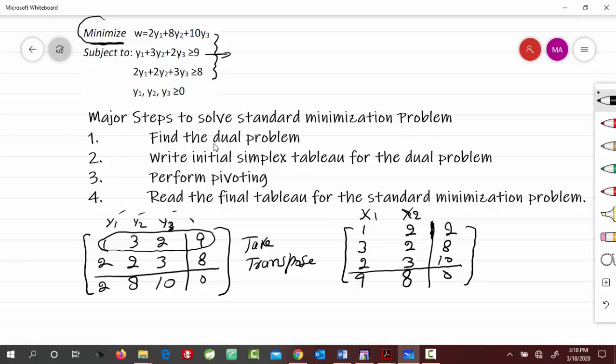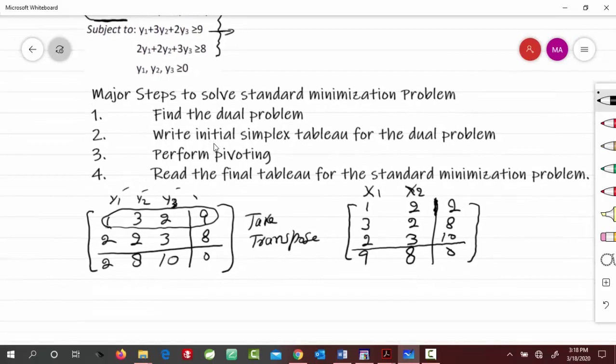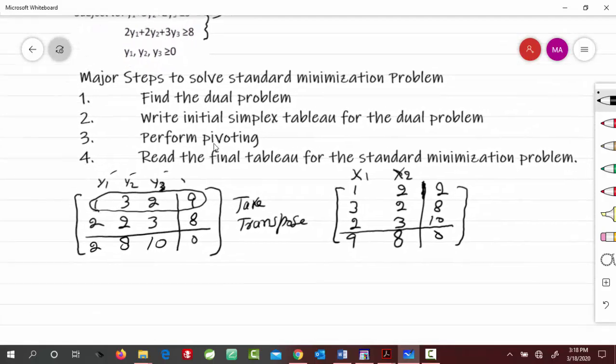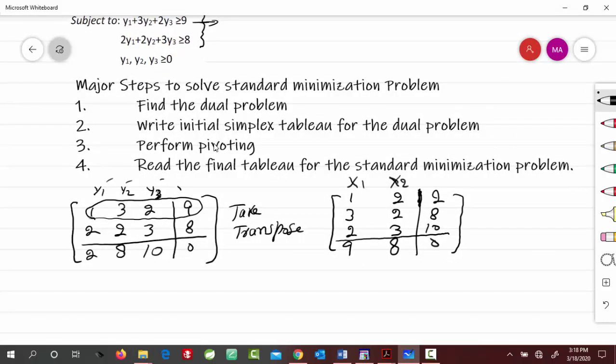So we are writing from here our dual problem. That would be maximize, and for maximize we use the symbol z as the objective function. So the coefficients would be z = 9x1 plus 8x2.